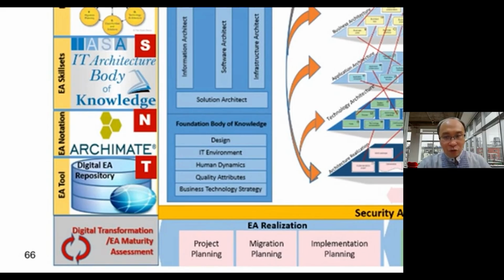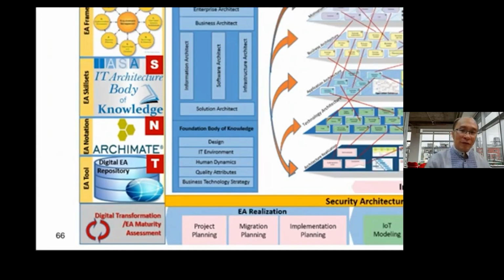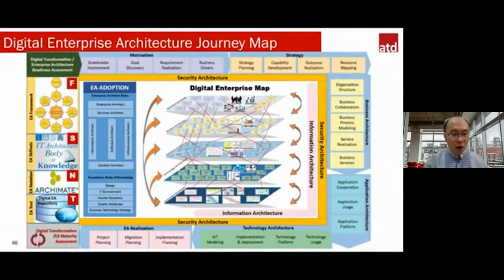You also want to know what your maturity level was last year. I need to know which dimension factors I'm doing well in, which I'm not doing so well in, and what I should do about that. So maturity assessment basically gives you a snapshot of where you are in terms of the maturity of your enterprise architecture practice to drive digital transformation.